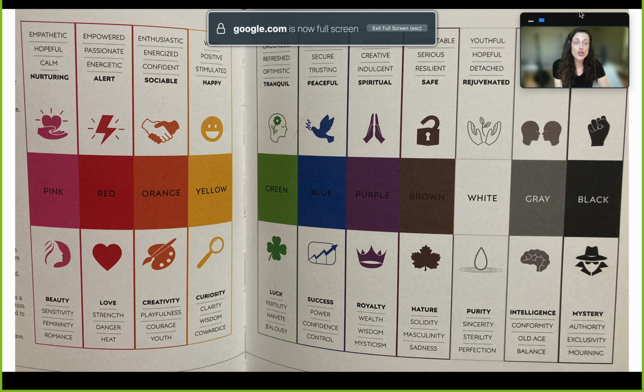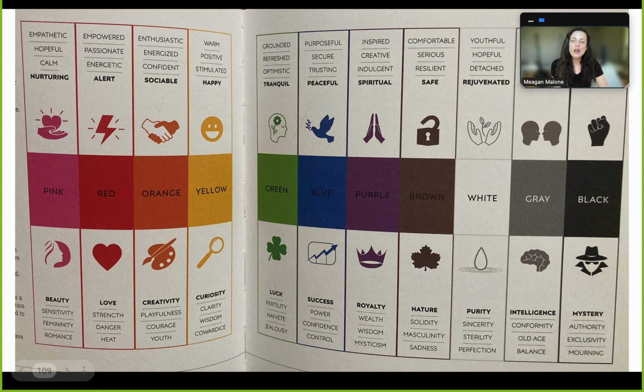Here is just a quick chart. You can find things like this in many places, but it talks a little bit about both the symbolism and the psychology of colors. So imagine you have a kind of happy message that you want to send. You're thinking about maybe yellow.